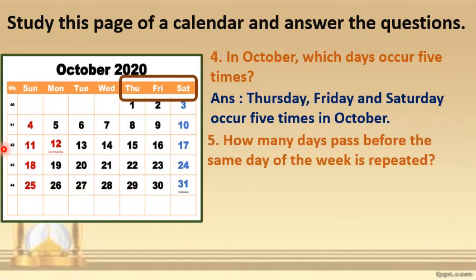Next, how many days pass before the same day of the week is repeated? Okay, we will take one example. Now we will take 4, that is Sunday. Again I need Sunday, means how many days should be passed? After passing how many days, again we will get Sunday.